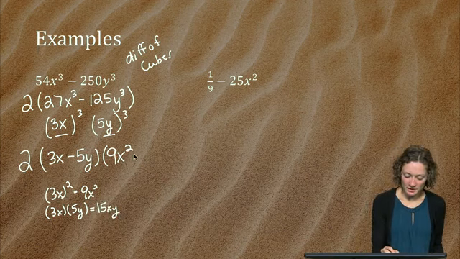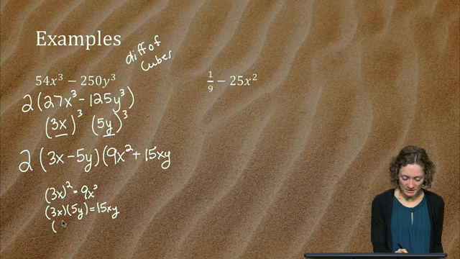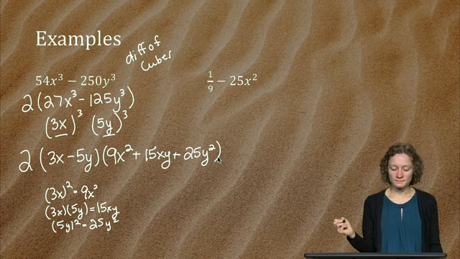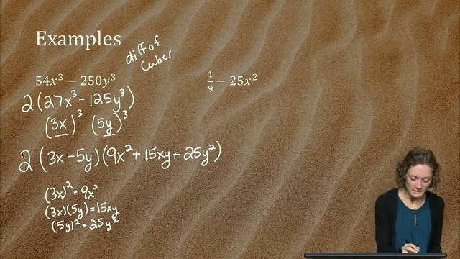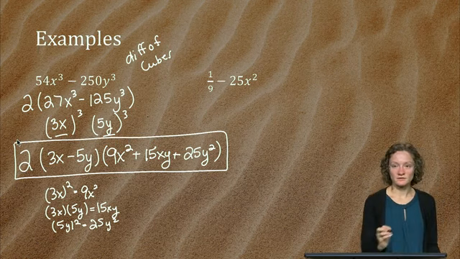The first sign was minus, so this one's plus. And then the last piece, 5y squared, 25y squared. And this is always plus. And this is the fully factored version of this initial problem.